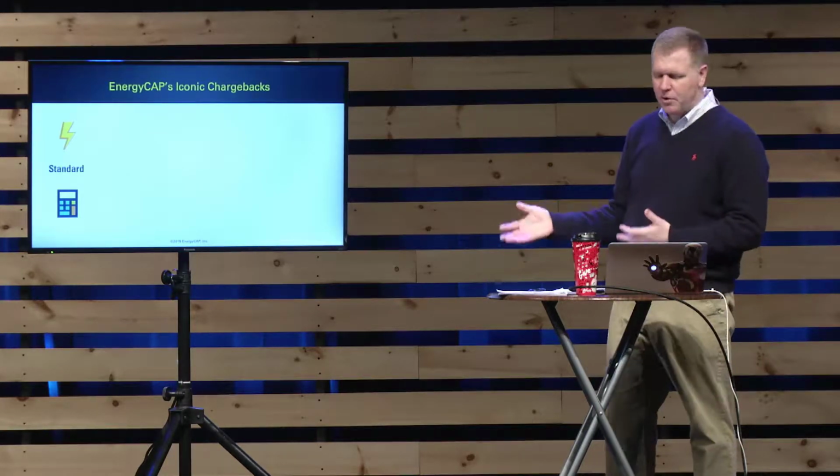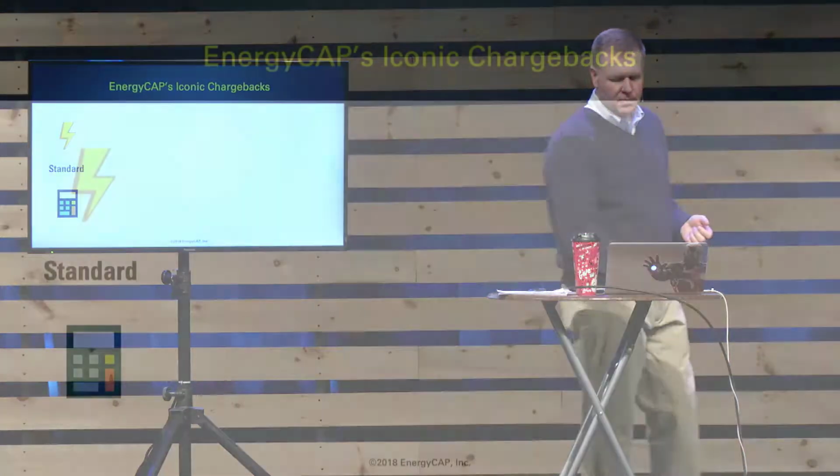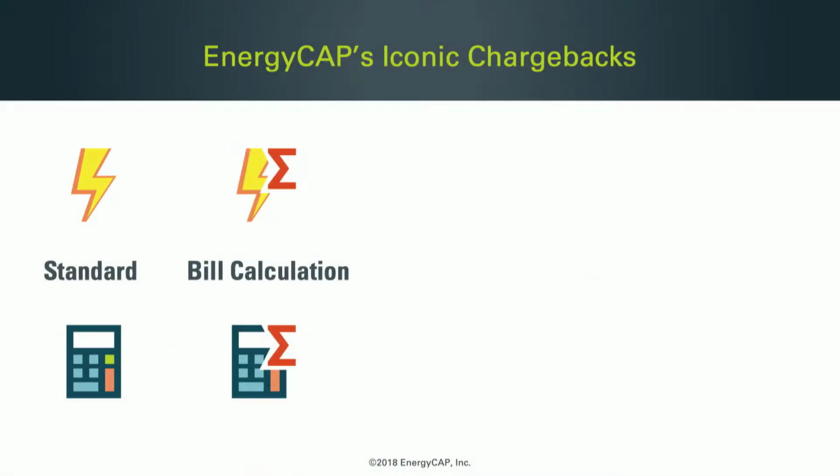So this is an example of our standard meter icon. In this case, it happens to be electric, and our account icon. If you configure that meter as a bill calculation, that meter will have the sigma symbol attached to it. So will its account that is also configured.